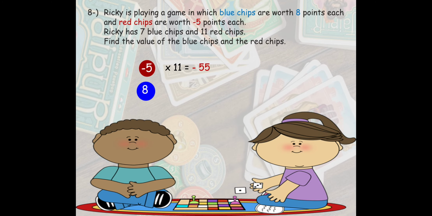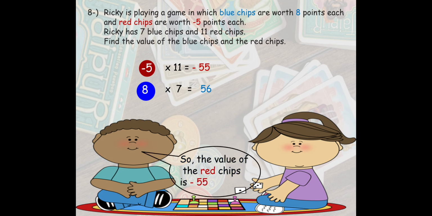So we have the red chips are 11, so it's -5 multiplied by 11, which is -55. And for the blue chips, he has 7 blue chips, so it is 8 multiplied by 7, which is 56. So the value of the red chips is -55, and the value of the blue chips is 56.